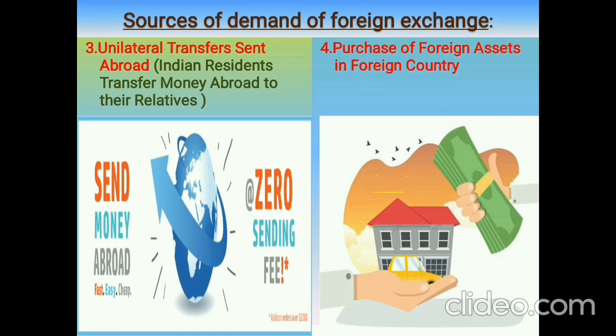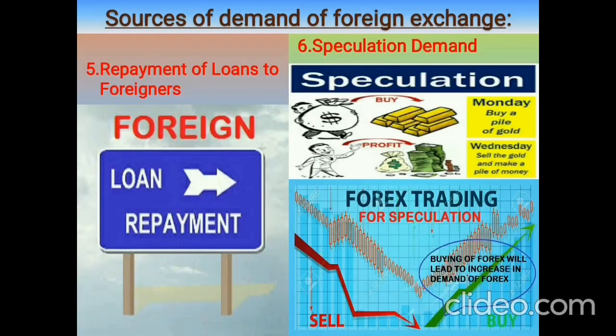Our government and citizens generally accept loans from foreign countries and citizens. For repaying these foreign loans, we require foreign exchange, because the loan amount is given in foreign exchange, so we have to repay the amount in foreign exchange.